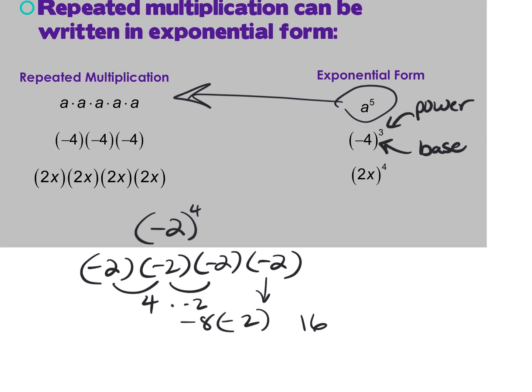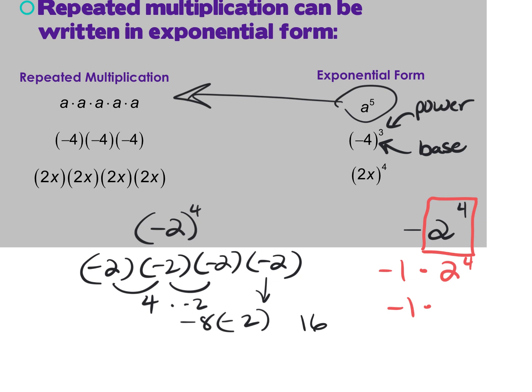However, if there is no parentheses around that negative number, what's being raised to the 4th power is only the 2, not the negative sign. Some people like to think of this as negative 1 times 2 to the 4th, or a lot of times I just think, okay, the negative sign is not being held in the parentheses, so it's going to fall down in front of the answer.